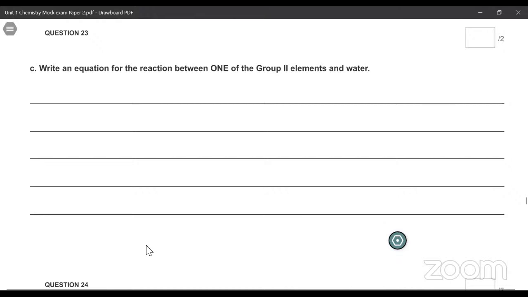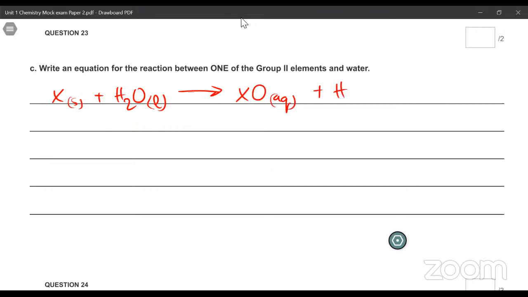Now it says write an equation for the reaction between one of the group 2 elements and water. So before I give you an example, let's say that the group 2 element is X arbitrarily, right? X in its solid state plus H2O liquid will give the group 2 metal oxide and H2 gas.